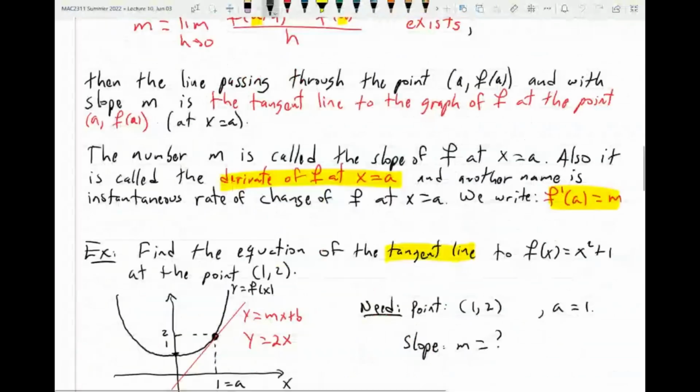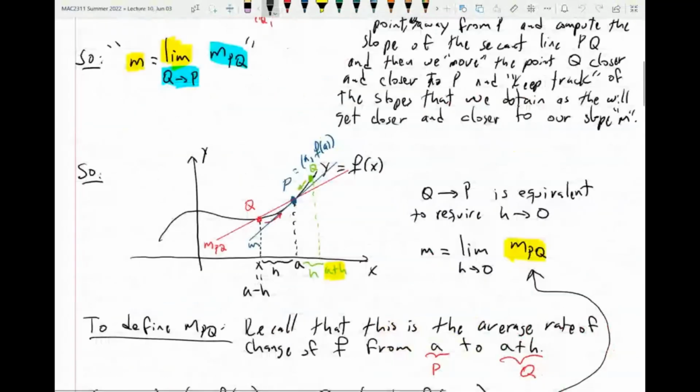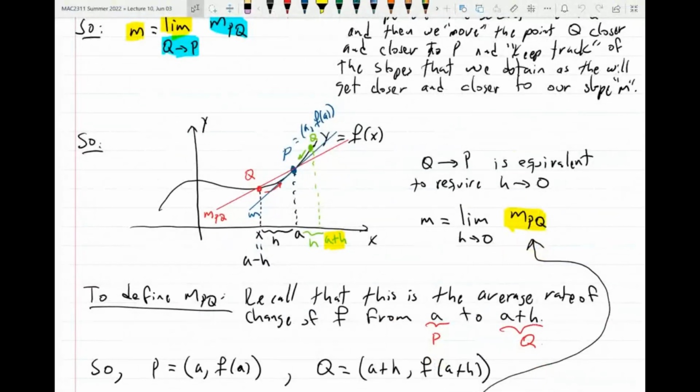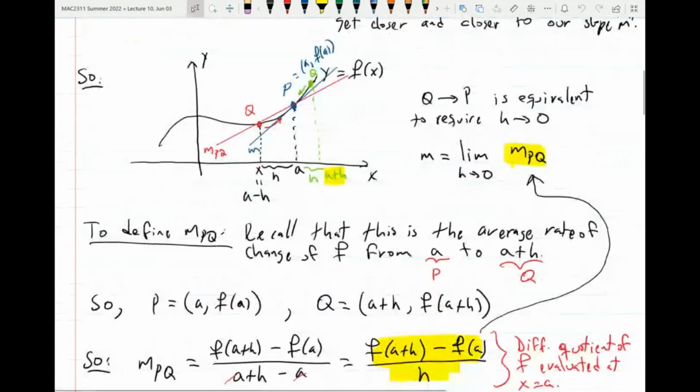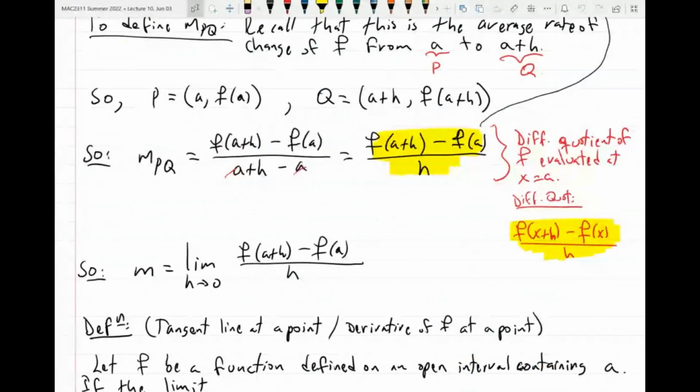You see, that's exactly the idea that we do. So this thing that I'm explaining to you is exactly what we're doing in calculus. You start with the notion of a secant line, and then you want to make sense of a tangent line, the blue line over here. So the idea is to make this point go towards P, and then keep track of all the slopes. Okay? And to do that, it's just the difference quotient.